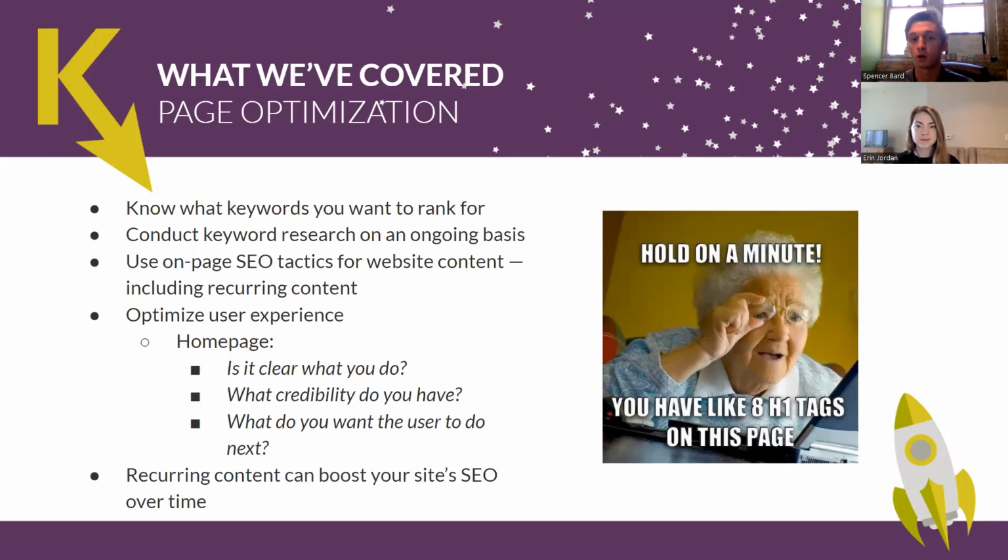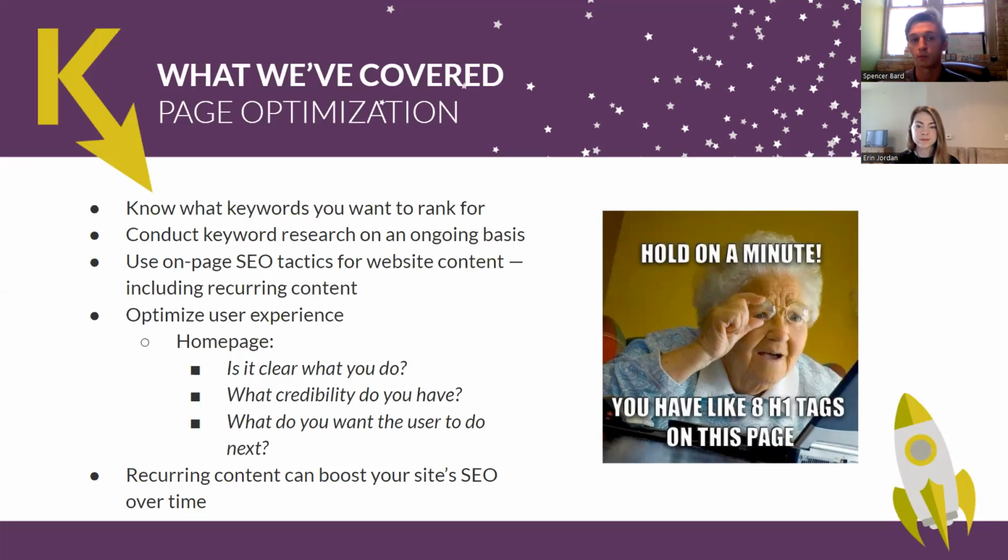So when they search for a problem, these are the keywords, key phrases that you want to show up for. So using those keywords within your on-page SEO tactics for your website content, whether that be permanent content on your homepage, services page, or your recurring content pages like your blog page, ensuring that you're using those in the body content, your H tags, so on and so forth.